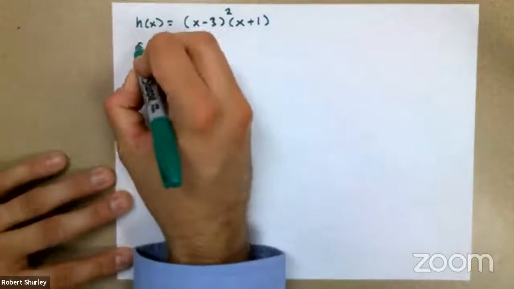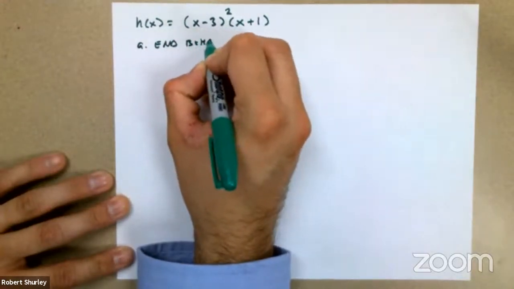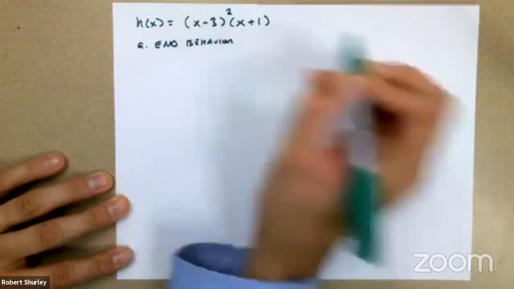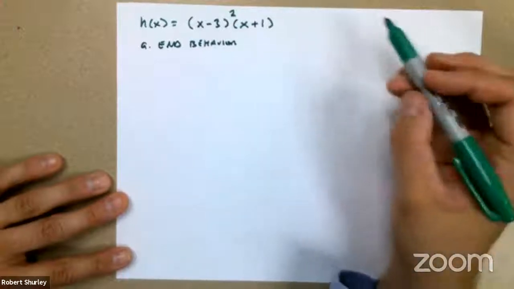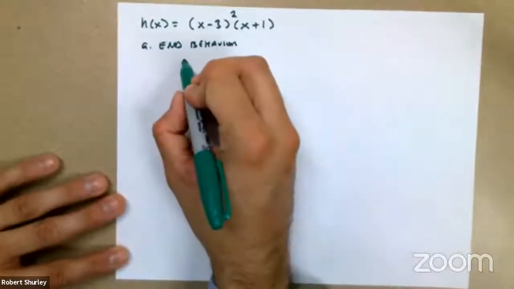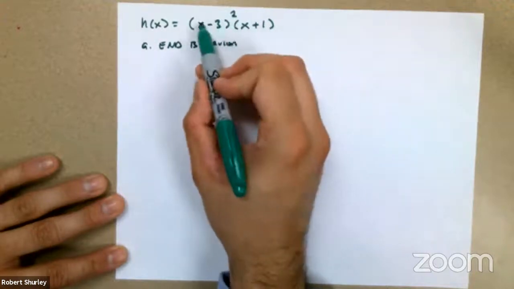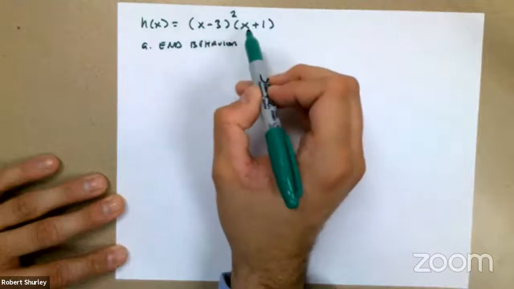Now, I'm going to do the end behavior first just because I want to. I think it's going to be the same as the last one. In behavior, we get x minus 3 and x. Remember, that means there's two x's and then an x, so it's going to be x times x times x.